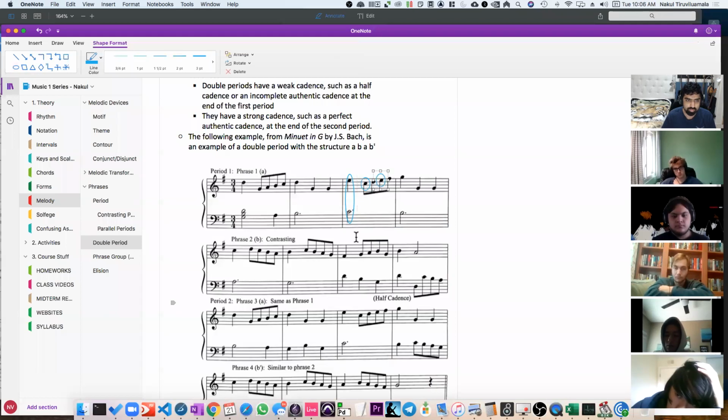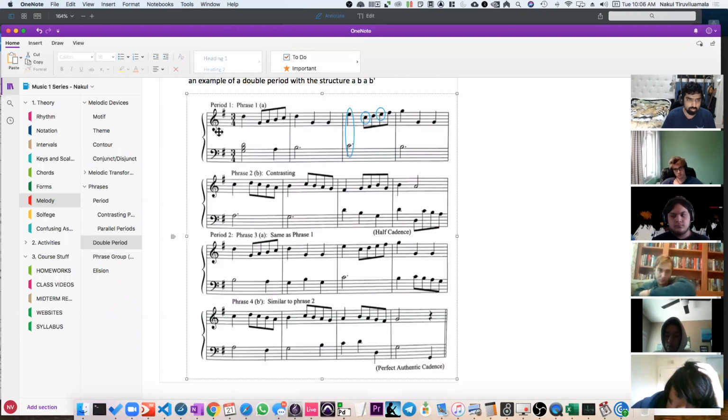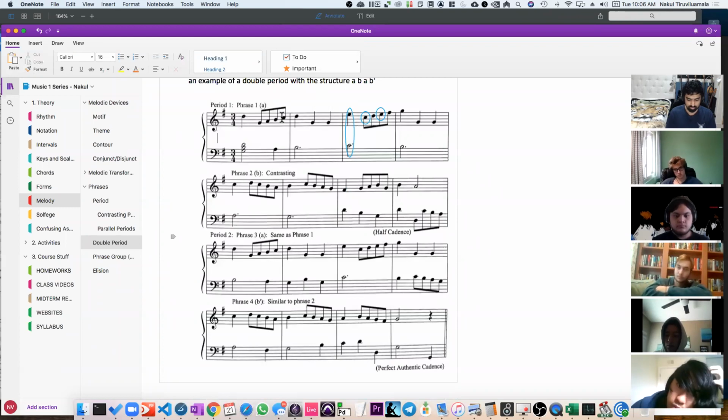And what do I get? Okay, so what key are we in really quickly? We're in the key of what? G. Did someone say B? G. I think we're in the key of G major.